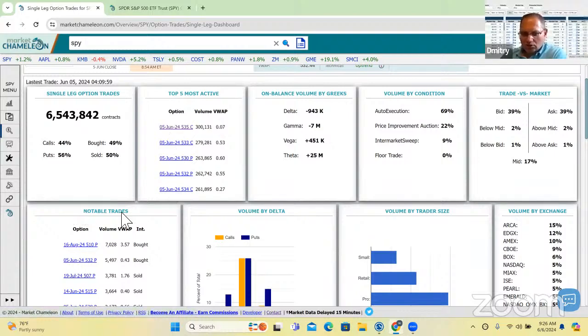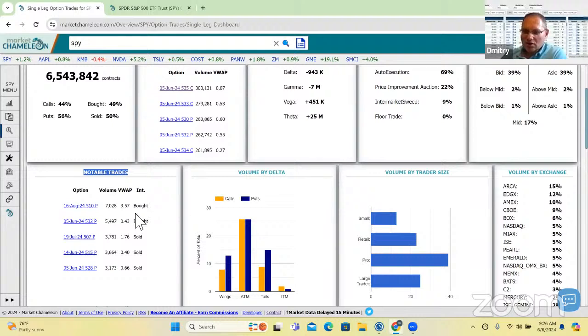This here looks at notable trades, any big trades that happen, either traded as one block trade or traded really quickly, that we determined was all part of an order that swept the order book.